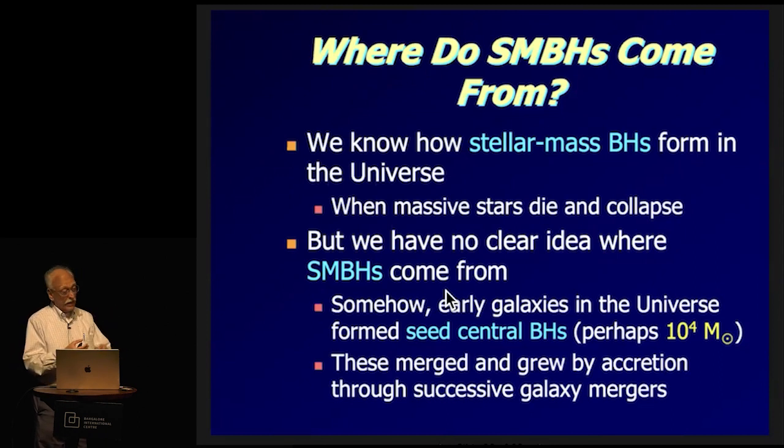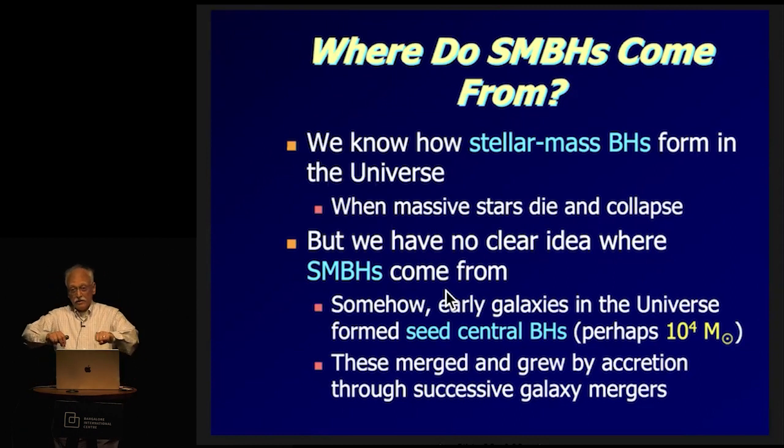Part and parcel of that, something happens in the middle makes its own compact object, which becomes kind of a seed black hole, or I don't know what to call it, an intermediate mass black hole. People have names for it. Perhaps something like 10 to the 4 solar masses black hole gets formed spontaneously.